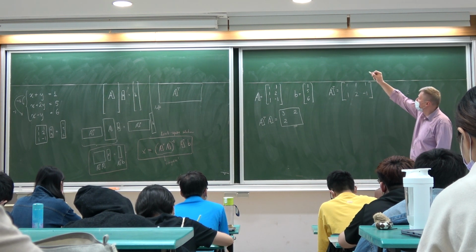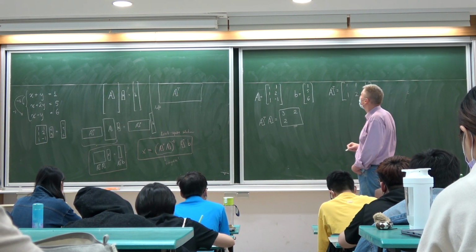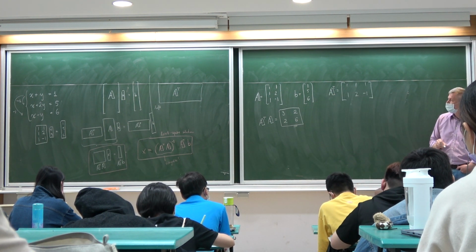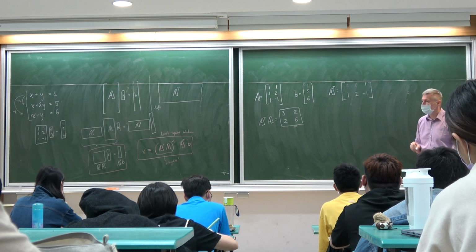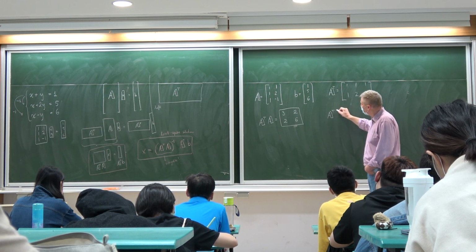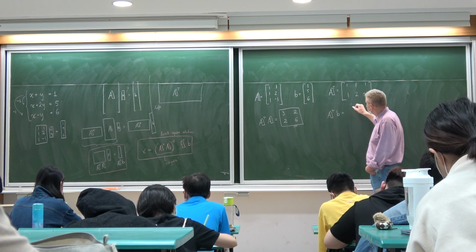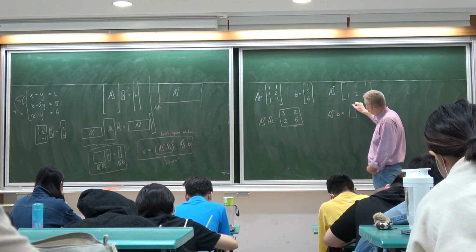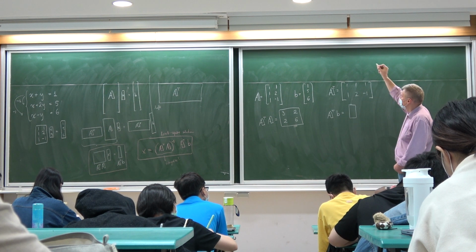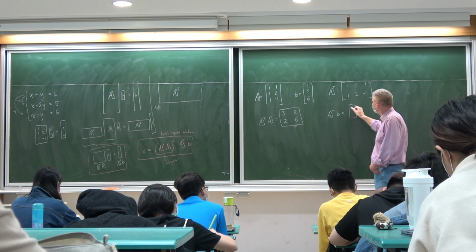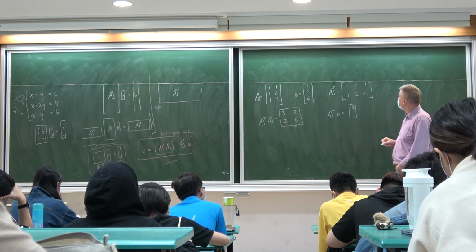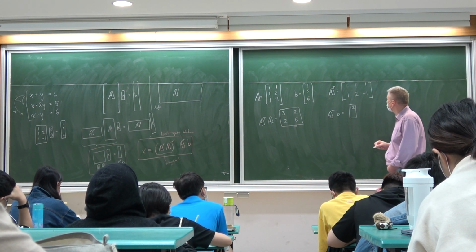And 1, 2, 1 times this is 1 plus 4 plus 1 is 6. A^T times B is a vector 2 by 1. And it's going to be equal to 1, 1, 1 times 1, 5, 6, which is 12. This times this is 10, 11, minus 6 is 5.